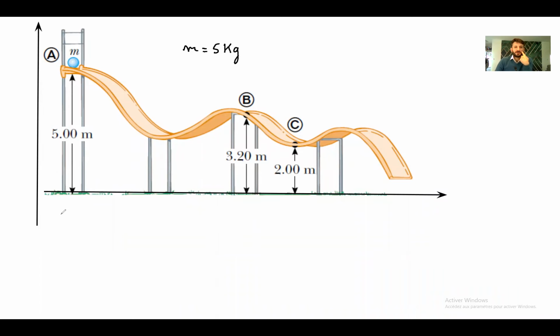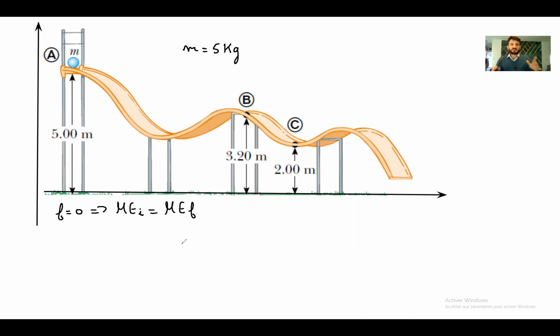In general, F equals 0, so we have mechanical energy initial equals mechanical energy final. Here we have a system of only one object, so we can have the mechanical energy initial and final at any points in this isolated system.